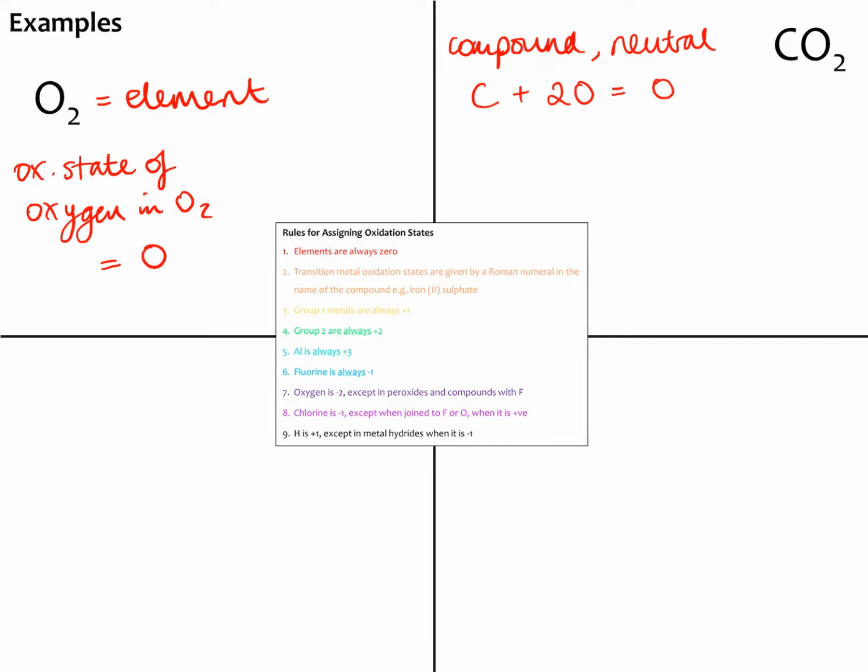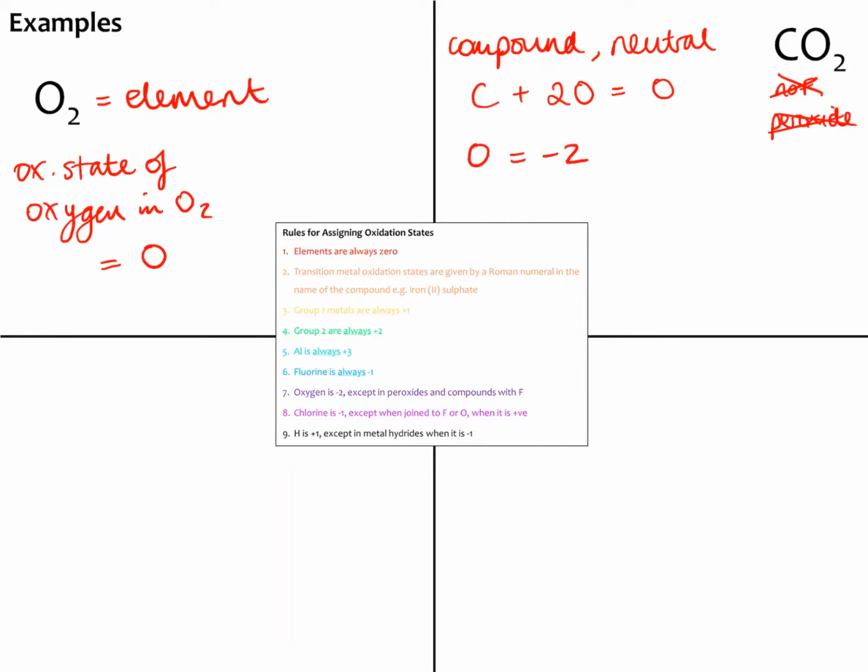We can see that oxygen is rule number 7. Oxygen is -2, except in peroxides and compounds with F. Well, first of all, we can see that there's no F in CO2. And second of all, this is not a peroxide. This is a dioxide. So those two parts of the rule for oxygen, rule number 7, don't apply, which means that O has to be -2 in this compound.